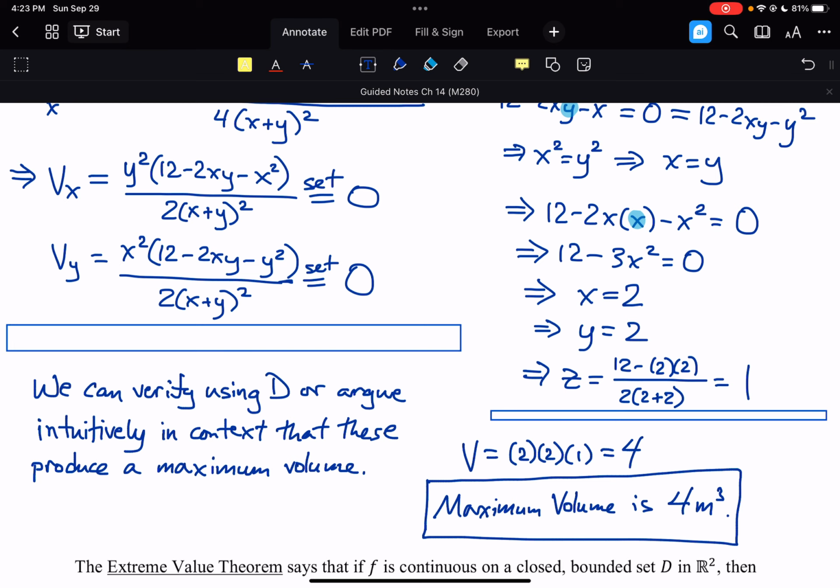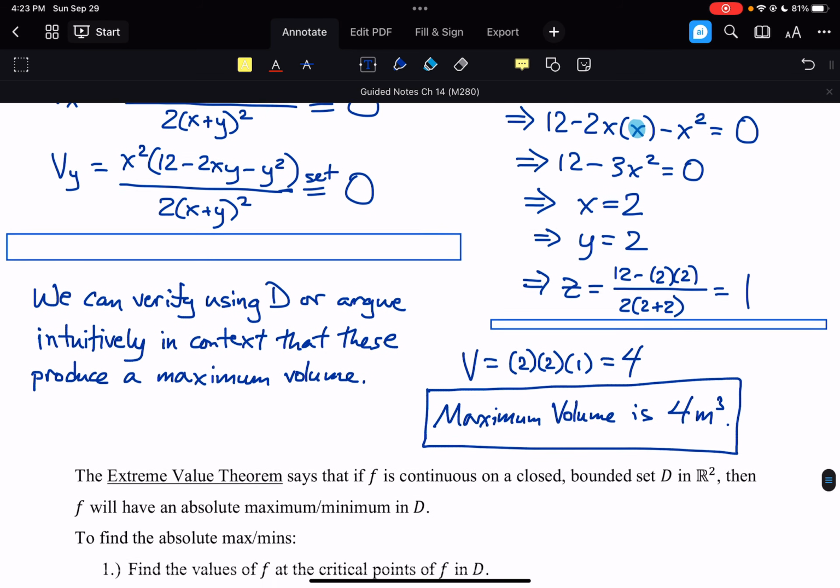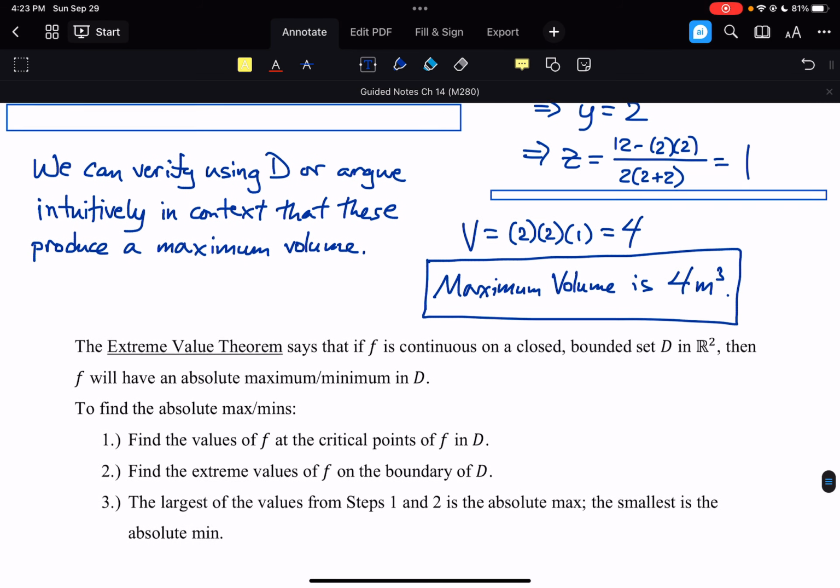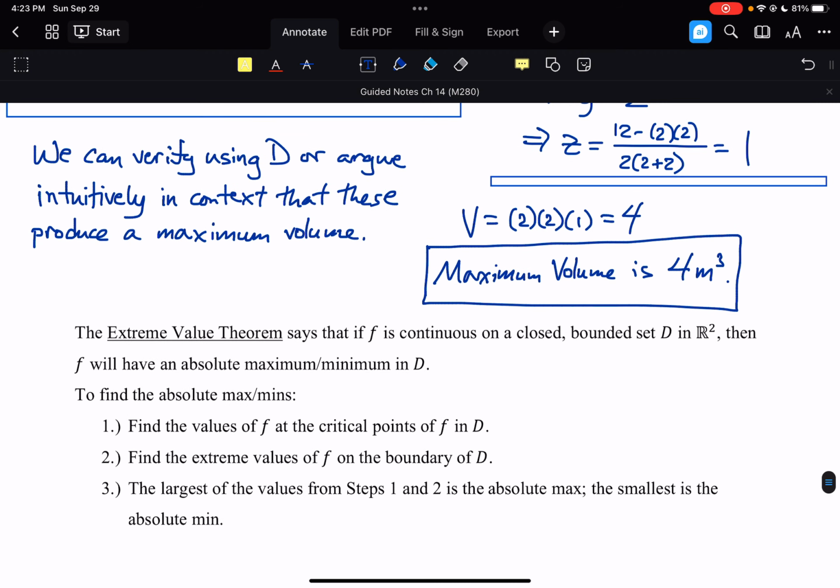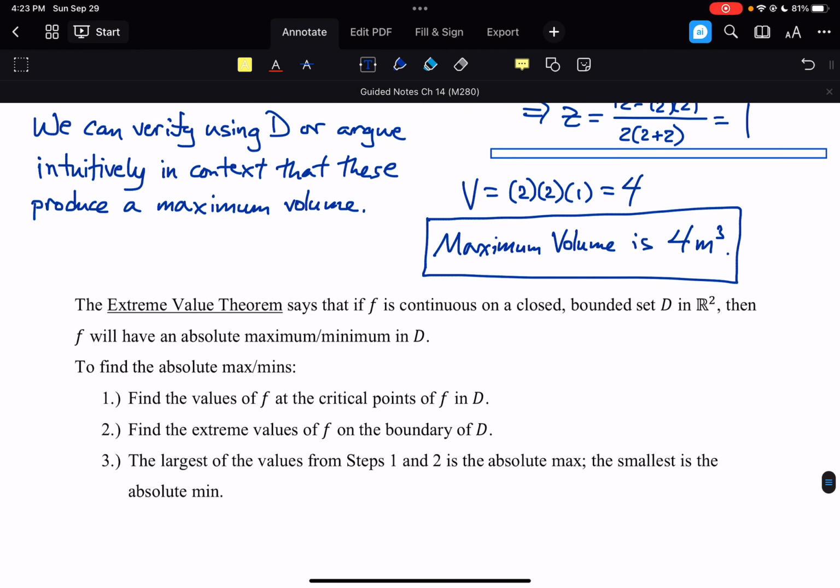So the last major theorem for us to talk about in this section is the extreme value theorem. This is similar to the one you learned in Calc 1, but now it's been amped up in order for us to do this in 3D.